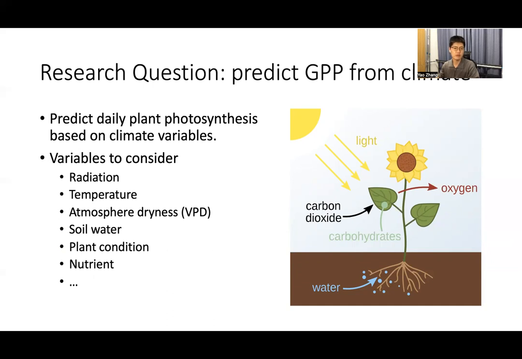There are several factors to consider during this process. For example, climate conditions directly affect the speed of the reaction. These include radiation, temperature, and water in the soil and in the atmosphere, VPD. In addition, the plant conditions, for example, the leaf amount and the nutrients, also have an effect.